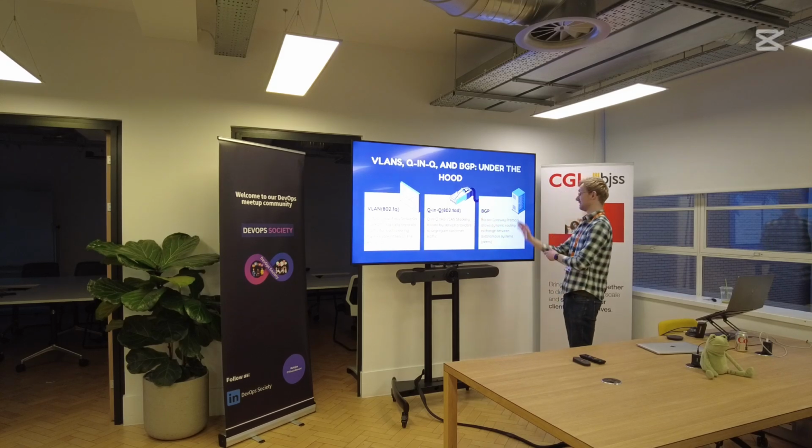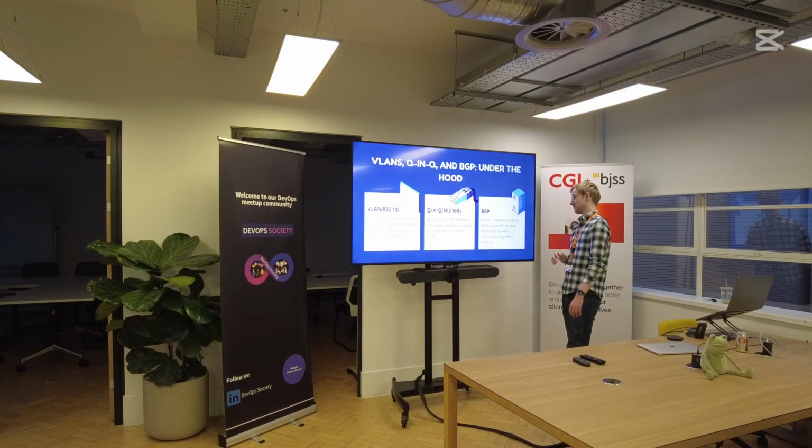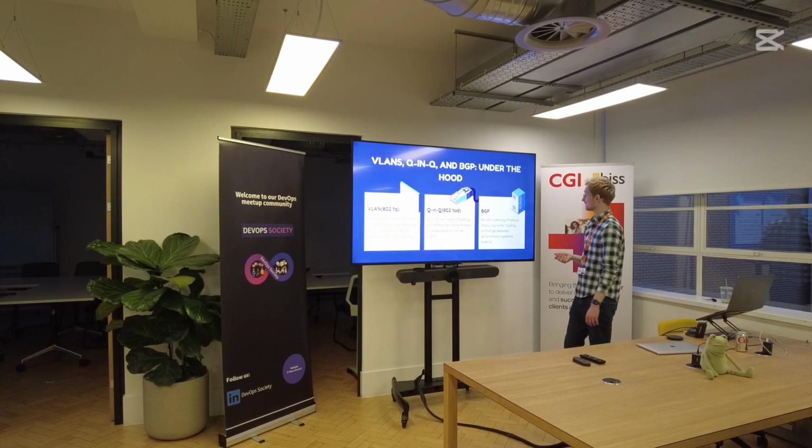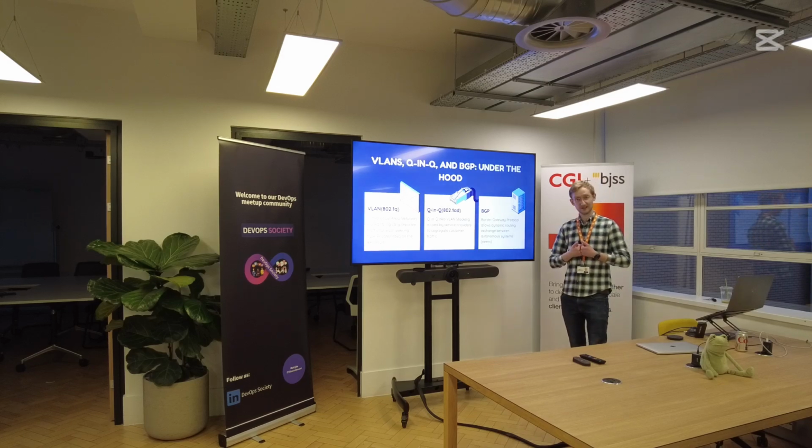And then BGP, that's a protocol in networking. Essentially, it allows routers to dynamically exchange routes to different networks. And I don't know if you guys remember when Facebook went down and nobody could access it.